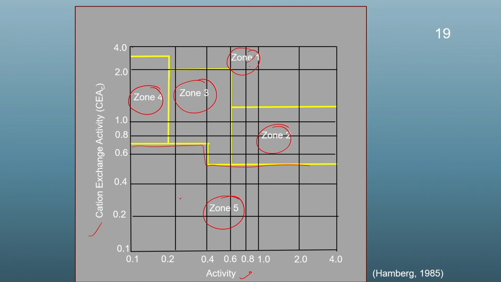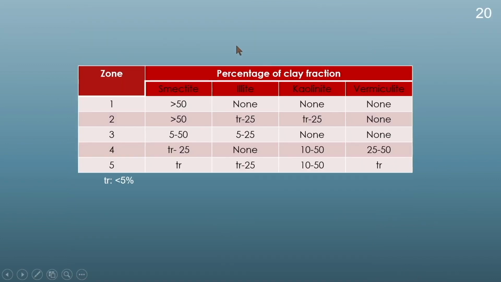Then the soil is plotted, and if the soil is in zone 1, the clay fraction of the soil will be like this: smectite greater than 50%, illite none, kaolinite none, and no vermiculite.